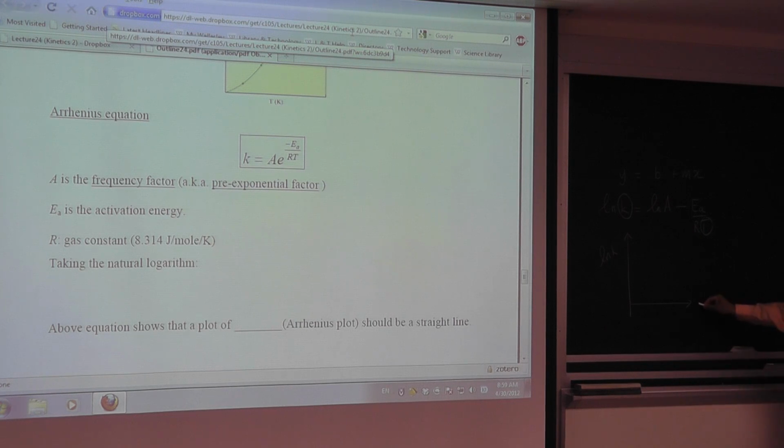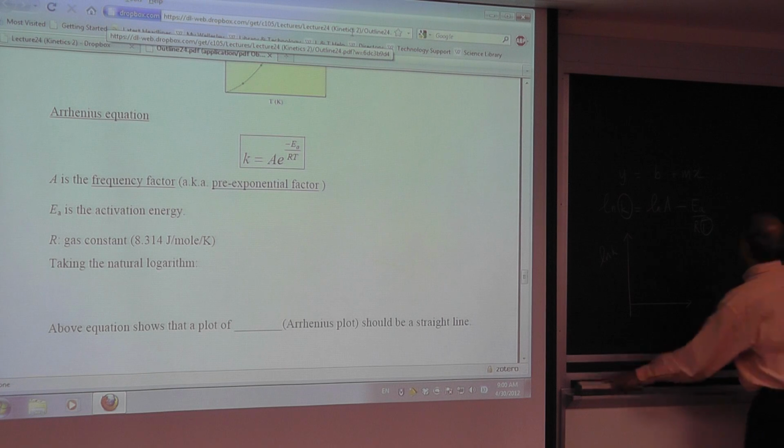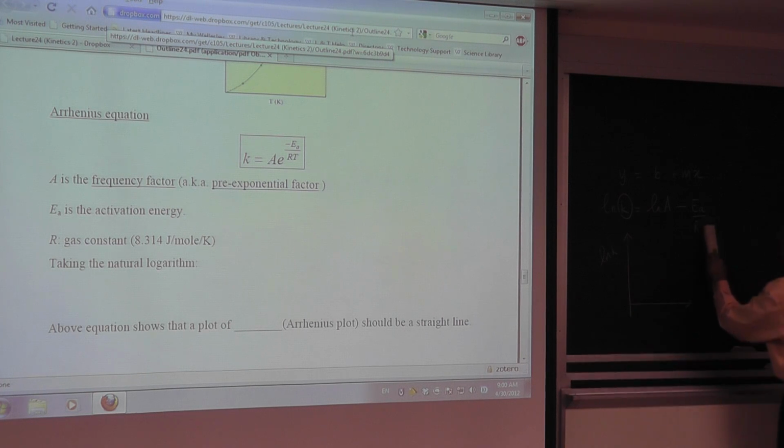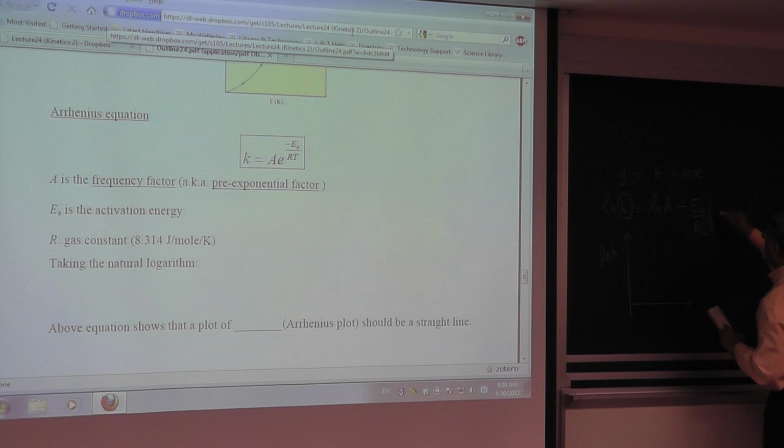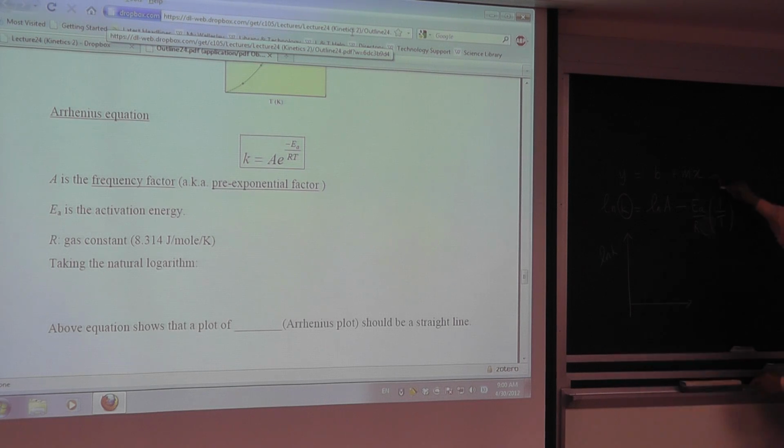And what do we want x to be? 1 over T. Okay, because we have 1 over T here. So let me rewrite this equation. That's 1 over T.